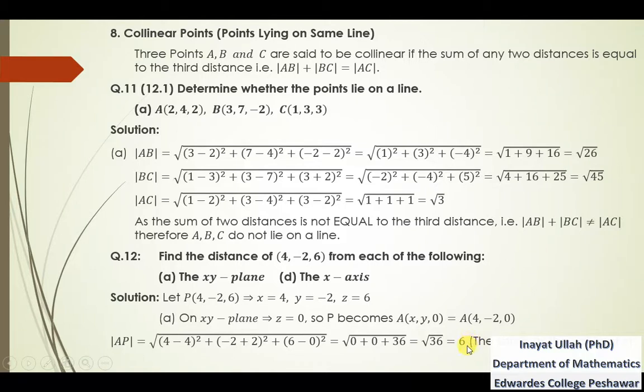This is the answer of this question, and we see that z is equal to 6, which is actually the z coordinate. Anyways, this is the distance between A and P, actually the distance between this point P and the xy plane.